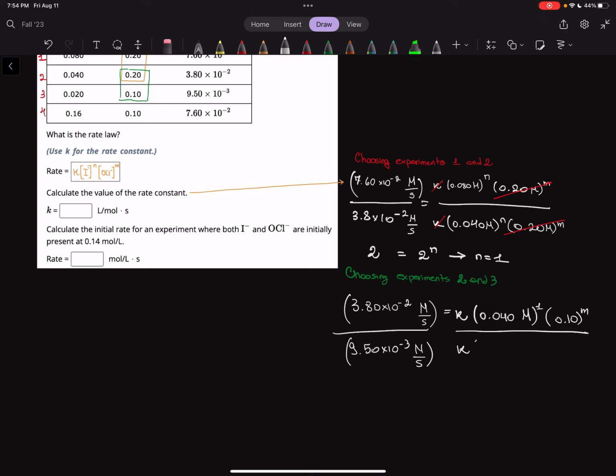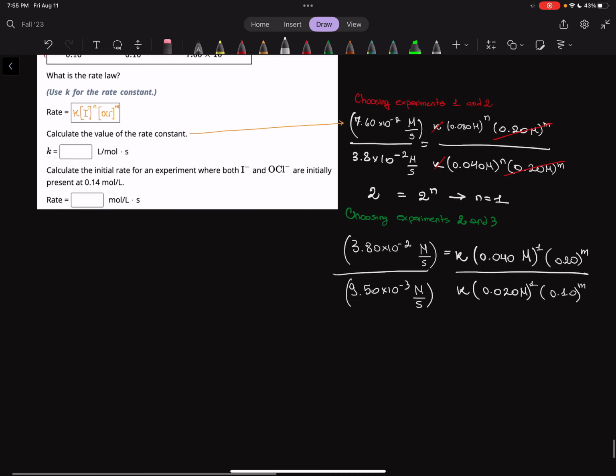And we have our K here, and we're going to put 0.020 molarity still to the first power. And here this was supposed to be a 2. So this is 0.10 to the m again.